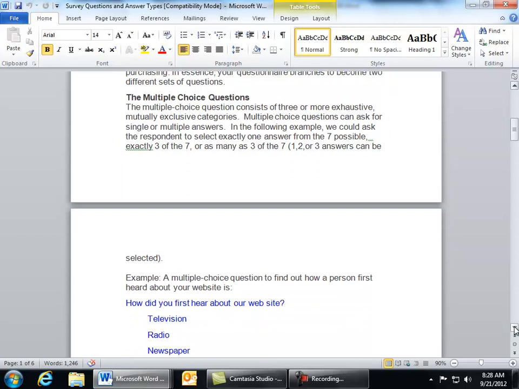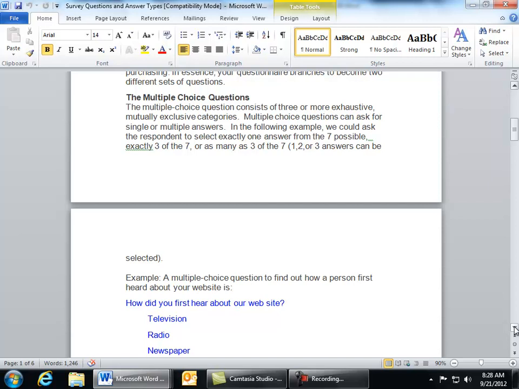The next set of questions are the multiple choice questions. The multiple choice question consists of 3 or more exhaustive, mutually exclusive categories. Multiple choice questions can ask for single or multiple answers. In the following example, we could ask the respondent to select exactly one answer from the possible 7.